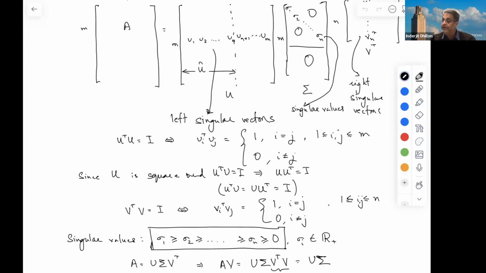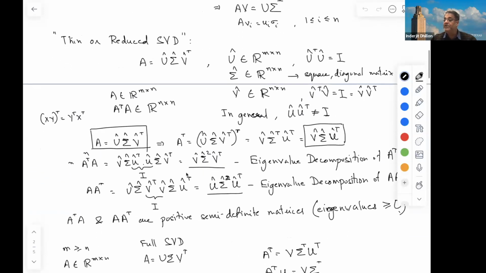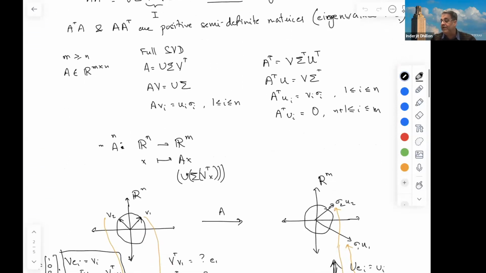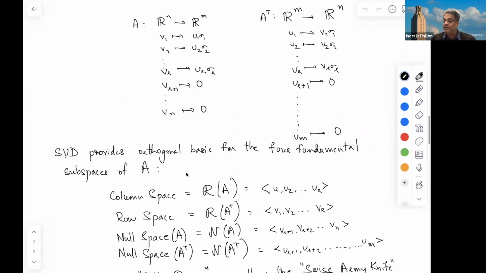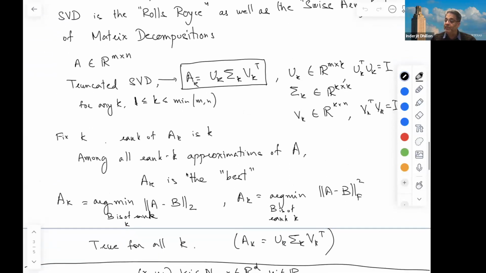And one of the really nice properties of the SVD is that it gives the best rank K approximation to the given matrix.